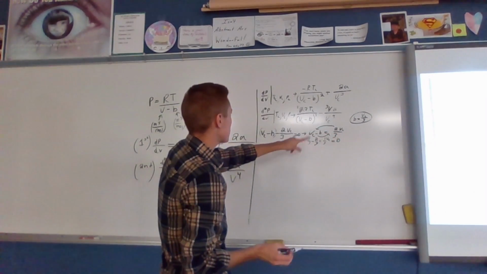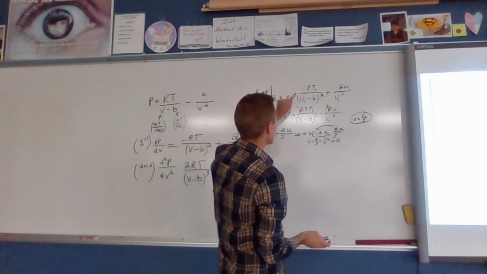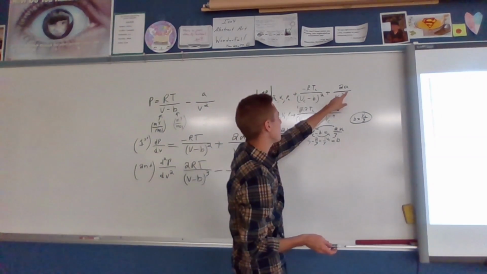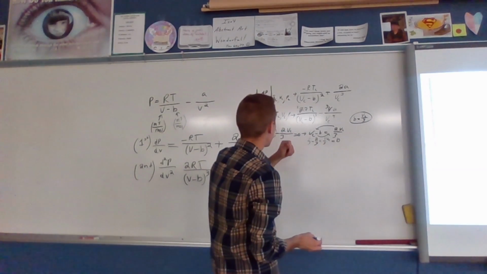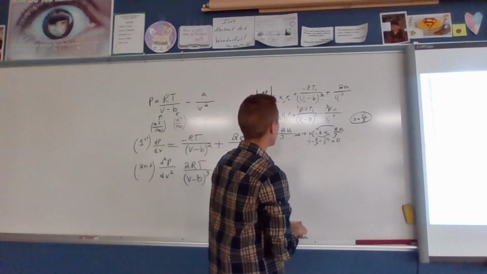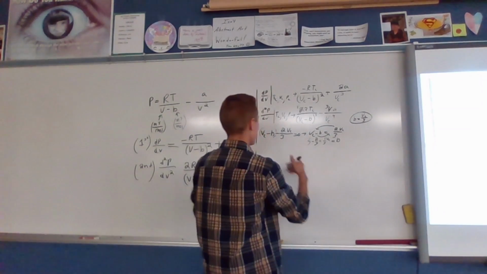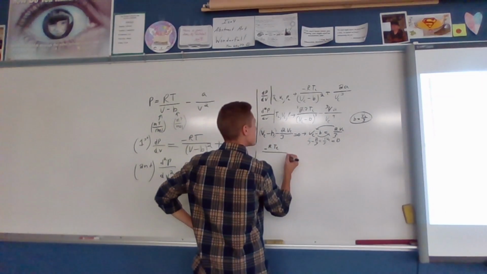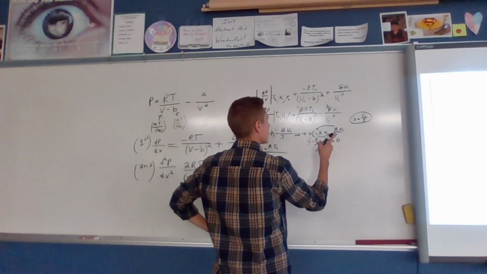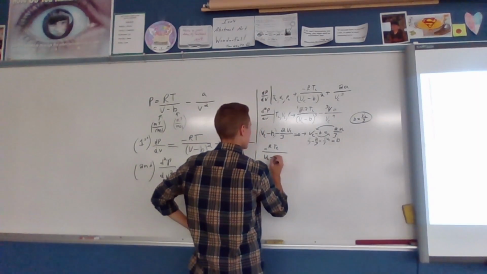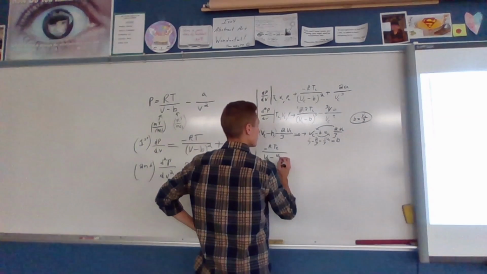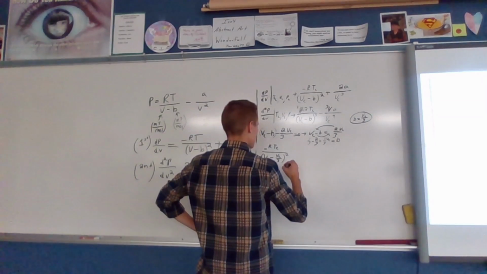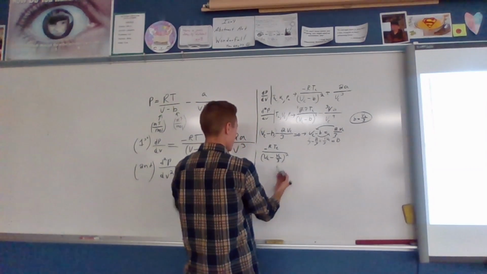Now that we have that, we can plug this back up here into our top equation, our first derivative, and solve for A. So we have negative R times the critical temperature over critical volume minus critical volume over 3, and this is going to be squared. If we're going to square this, we need to make sure we square the entire thing.